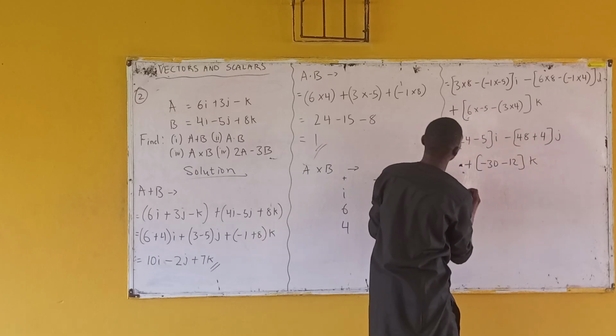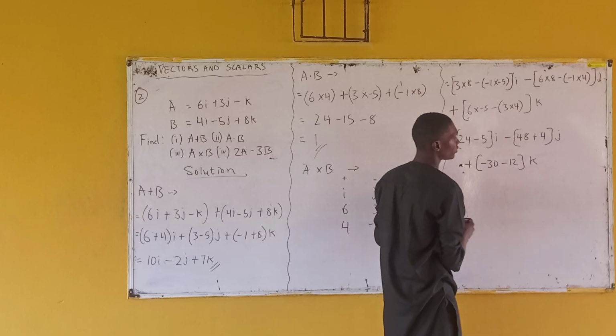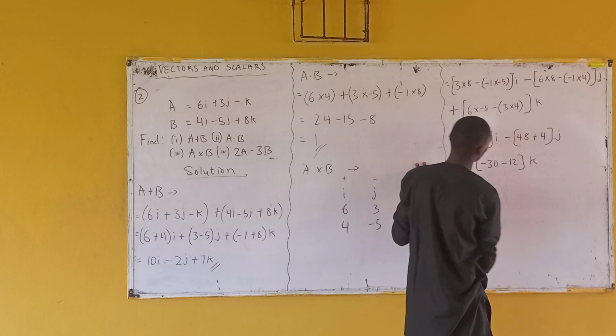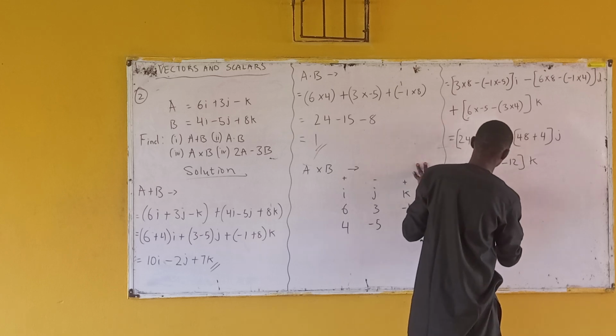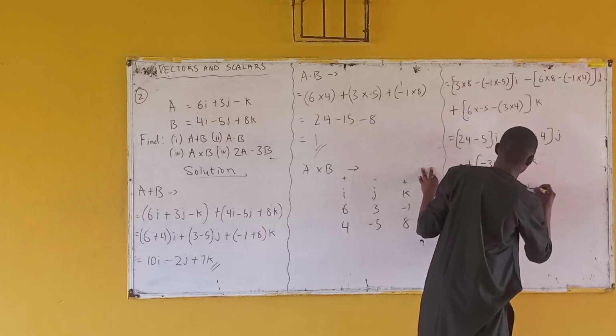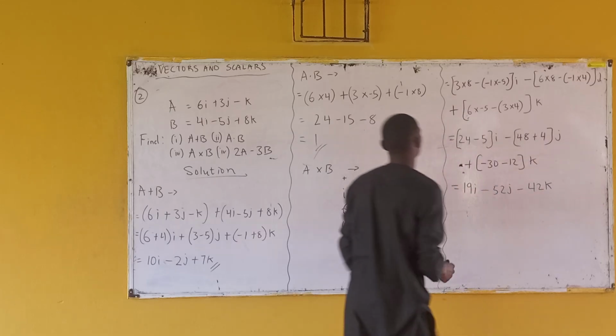So that's 19i minus 52j minus 42k. And that's our answer for A cross B.